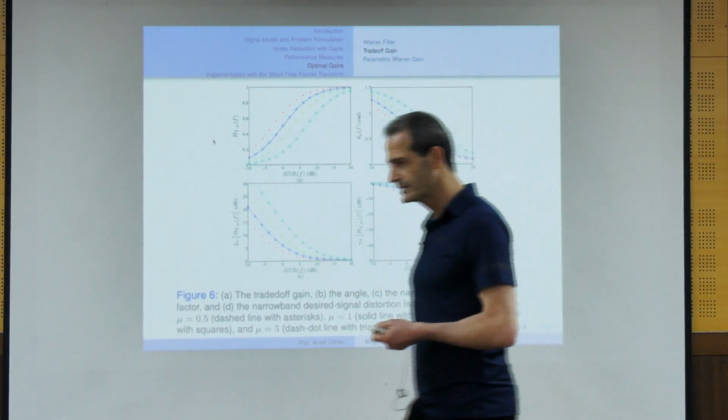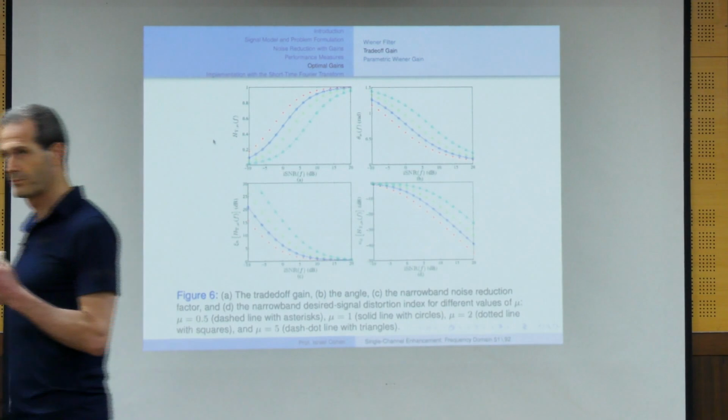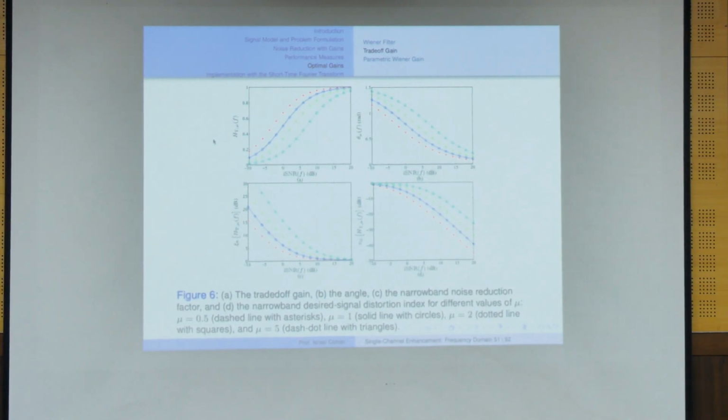Let's see what is the effect of mu on the performance measures. So here we go to the previous example, and then we apply the trade-off filter. Let's see about the noise reduction for different mu.